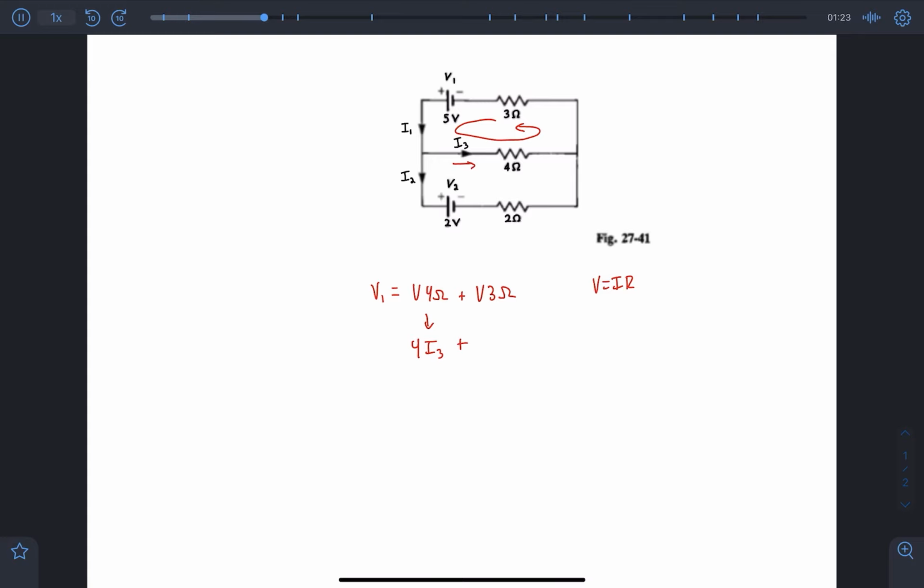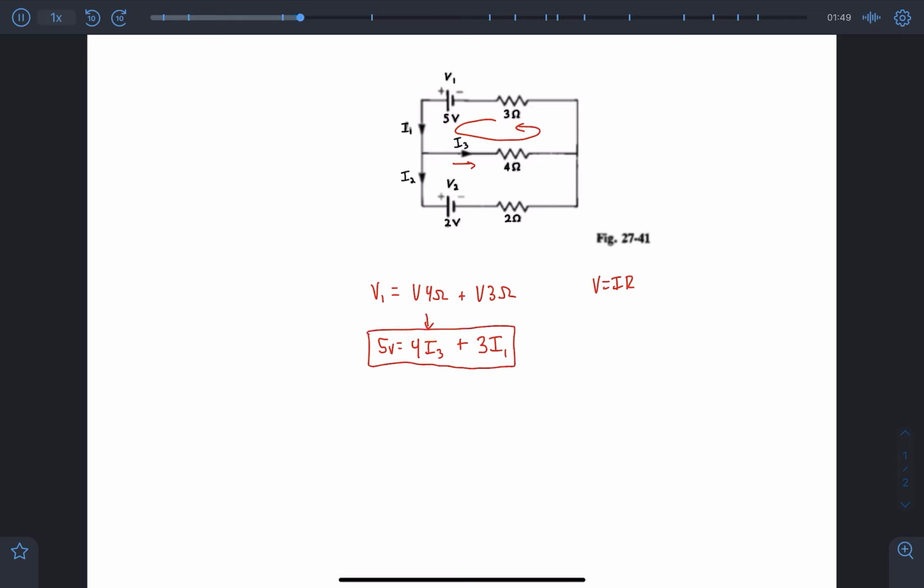And the voltage drop across the 3 ohm resistor is just 3 times I1, because you can see that the current going through that resistor is I1. And that leaves us with our voltage 1, which is 5 volts, is equal to 4I3 plus 3I1.